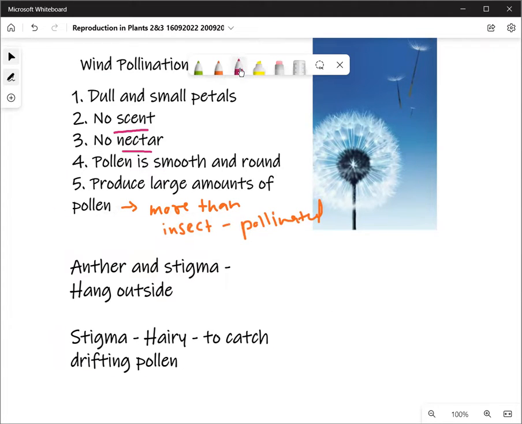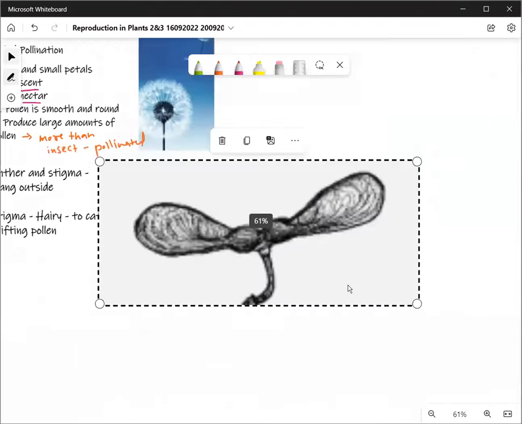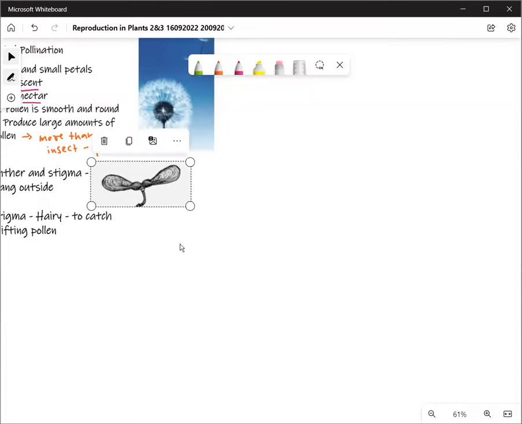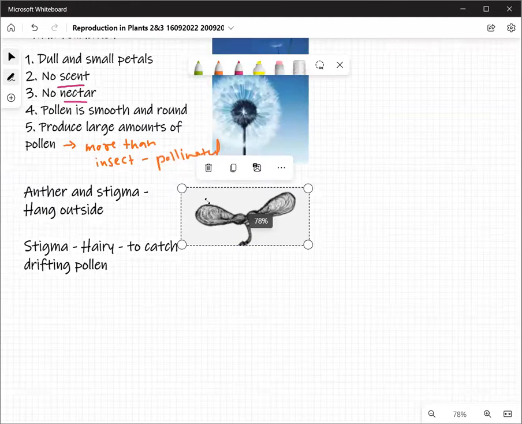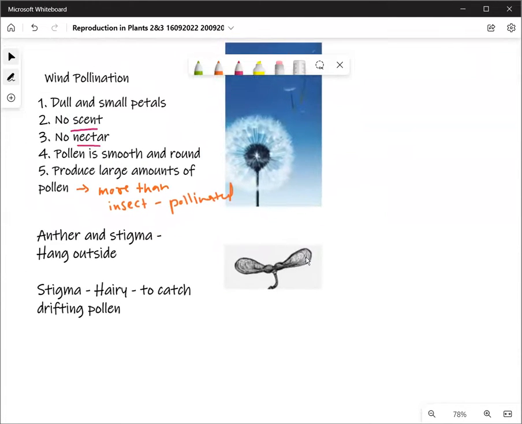Okay, so let's say you have a seed like this, perhaps something like this. I'll show you a diagram. This is what the seed looks like of some of the plants, some of the flowers.